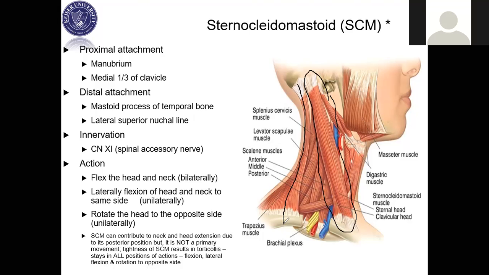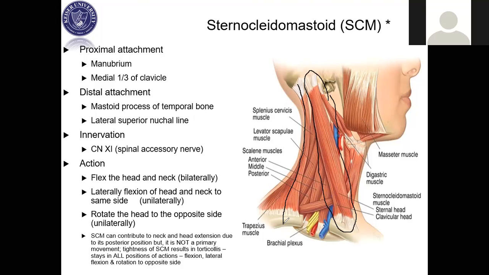So the left will laterally flex to the left, and the left sternocleidomastoid can rotate the head to the right. Okay? Yes, confusing. Unfortunately, you gotta know it.